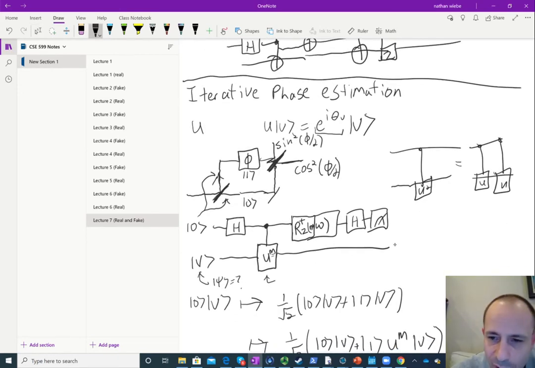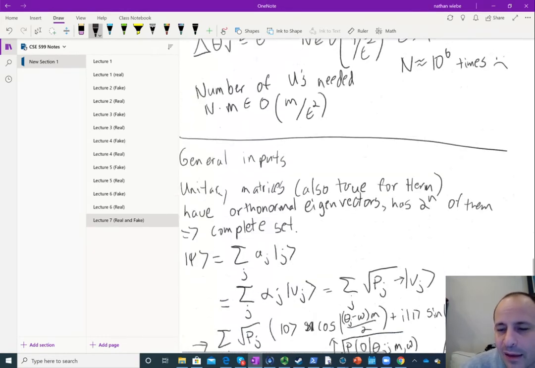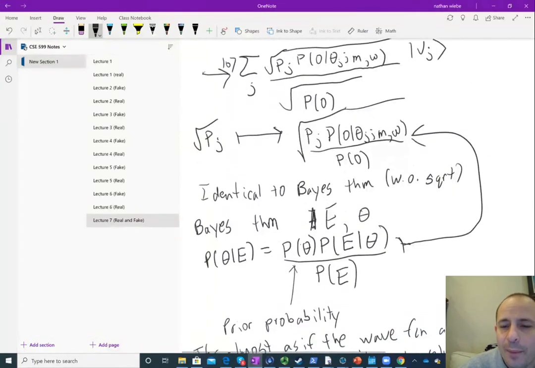So the way that you would do this over and over again is note that if you put in V over here, we argued that V comes out the other side. So I'm going to write it in a form that's more friendly for the principle of deferred measurement. We can always just do the same thing over and over again, and every time we do this, it's going to provide more and more evidence and update our amplitudes.